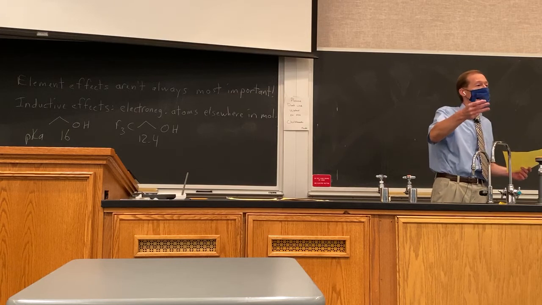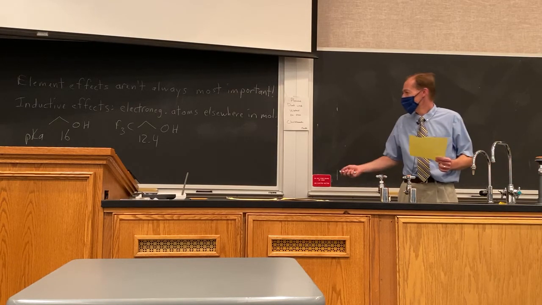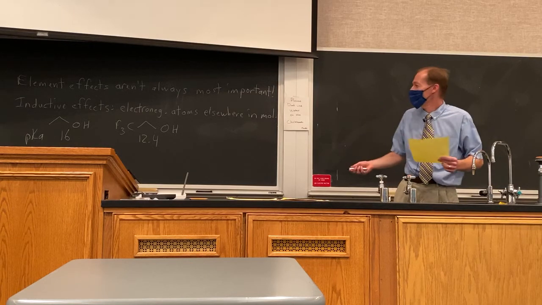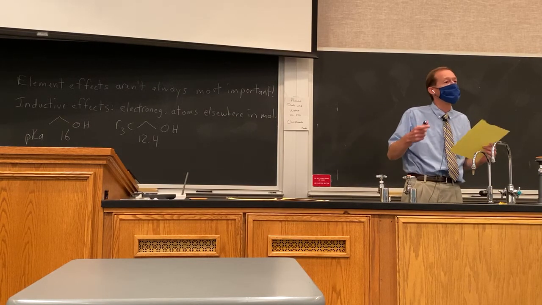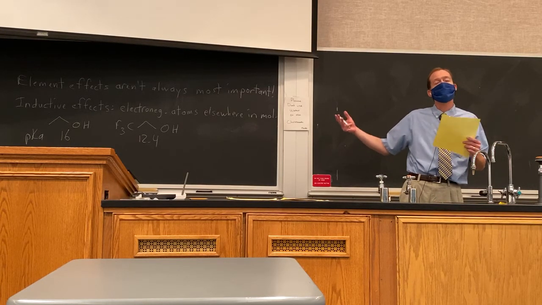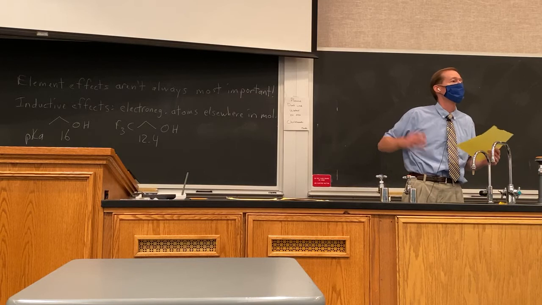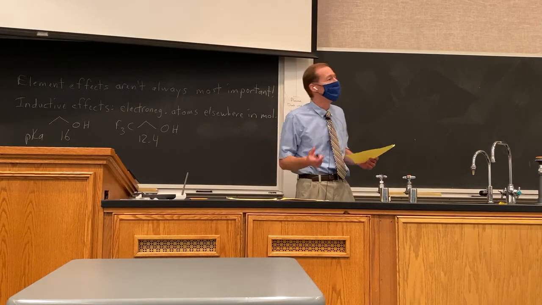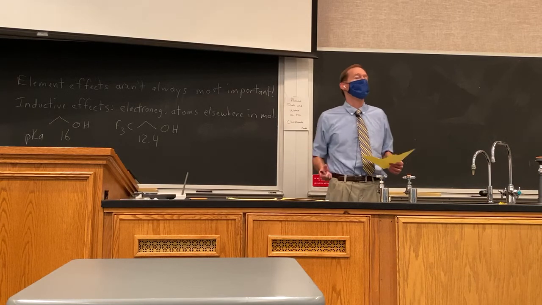Okay, 3 orders of magnitude or 1,000. If the difference was 4, what would it be? It would be 10,000. So that tells you that the difference in relative acid strength is somewhere between 1,000 and 10,000. If we measure it, it turns out to be about 4,000. So trifluoroethanol is about 4,000 times stronger as an acid than ethanol is.